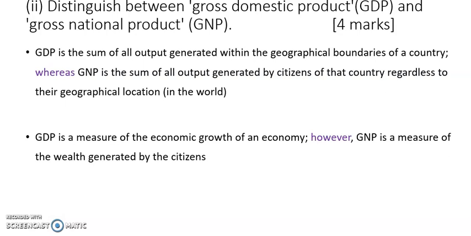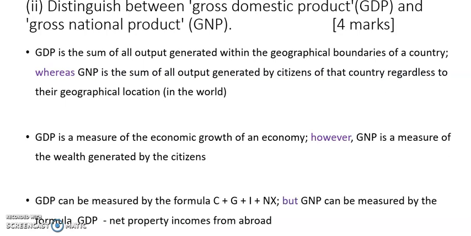I mean, we could give a third one, which is probably a simple one, that GDP can be measured by the formula C plus G plus I plus NX, the spending or expenditure function. But GNP would be GDP minus the net property income from abroad.